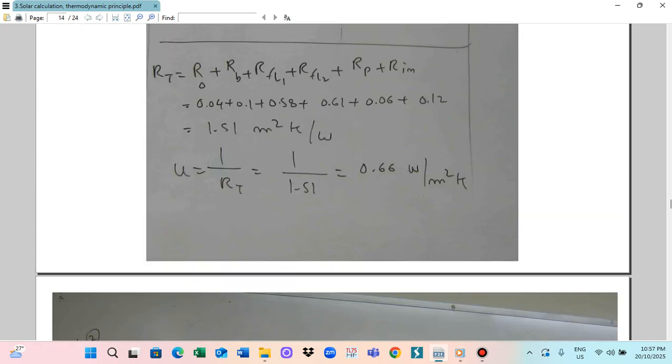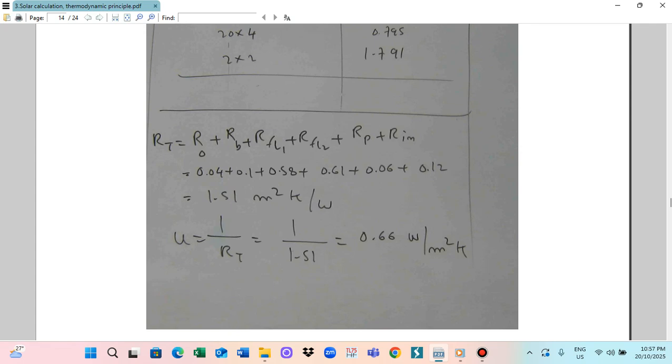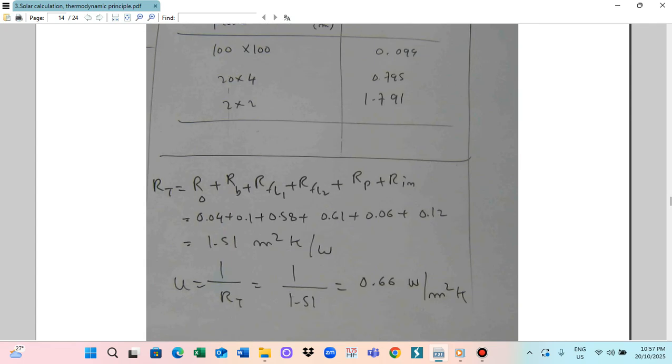And then we have to calculate. So our R in value is 0.12. So those factors we can calculate. Once you get the U, then you can calculate the R. After you take the surface area, you multiply, then you can calculate the total heat.